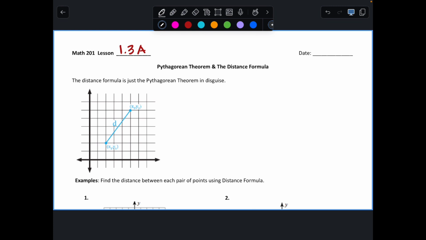We're going to be finding the distance between 2 points using the distance formula, which is actually just the Pythagorean theorem in disguise. So you'll probably recognize the Pythagorean theorem from middle school.